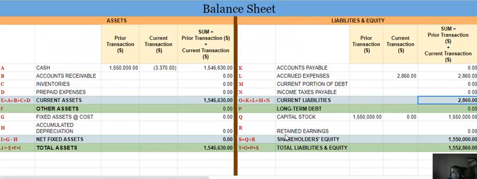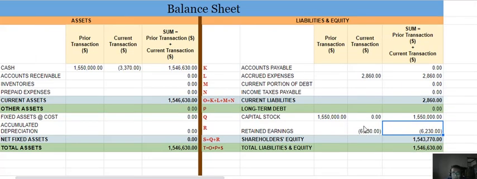But right now I need to make an entry for this $6,230 in the retained earning section. So here I am. My retained earning is actually negative because this much money is going to reduce from the company's cash balance or retained earning.